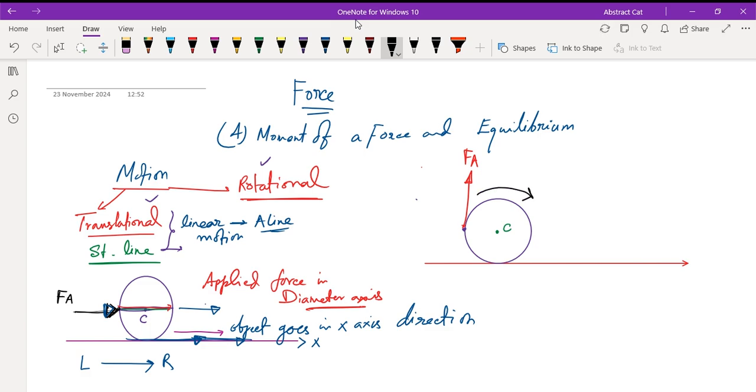The object rotates, and this is a clockwise rotation.